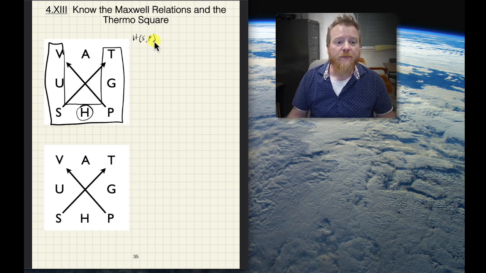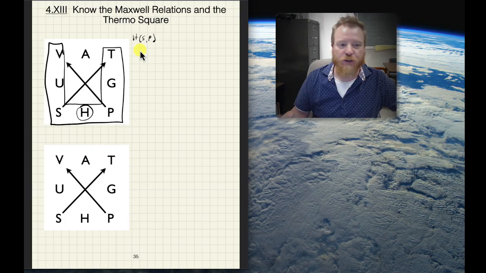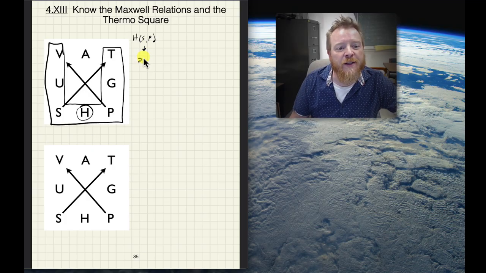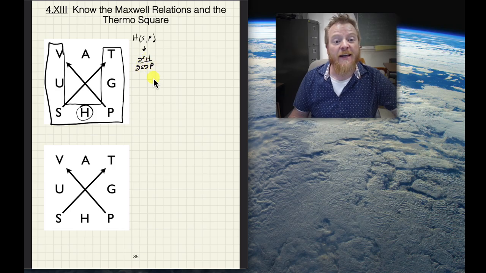Lovely. And because H is a state function, that means changing the order of operations should not matter. So we can now recognize we're dealing with the second derivative of H with respect to S and P. Okay, lovely.